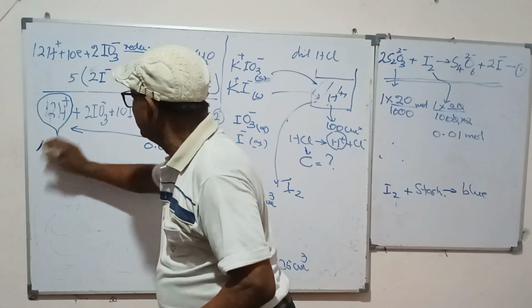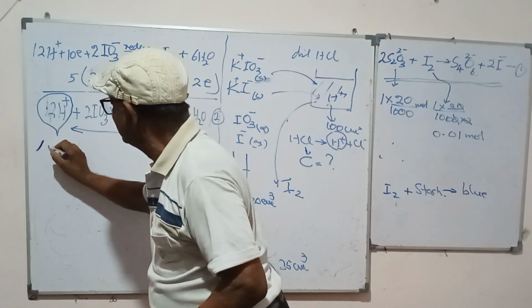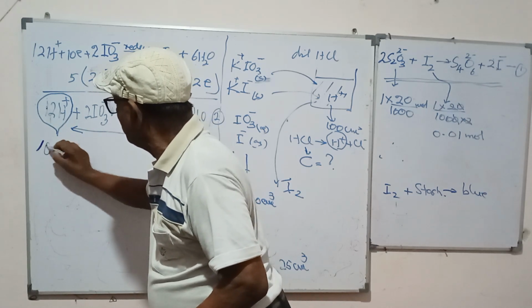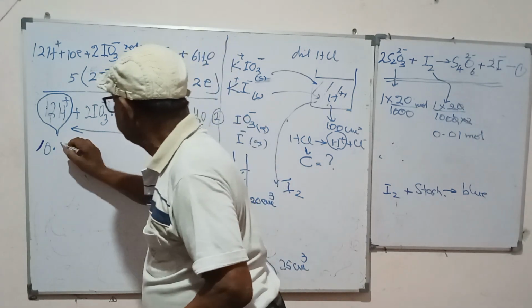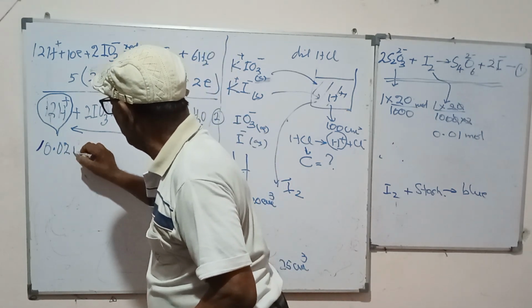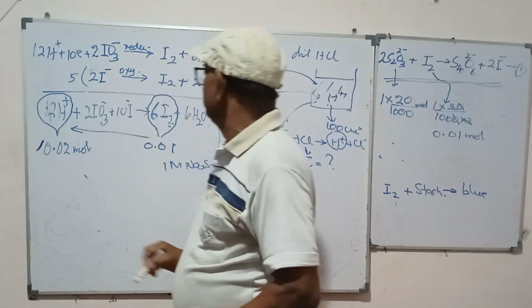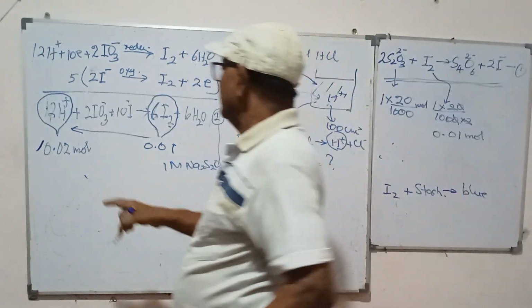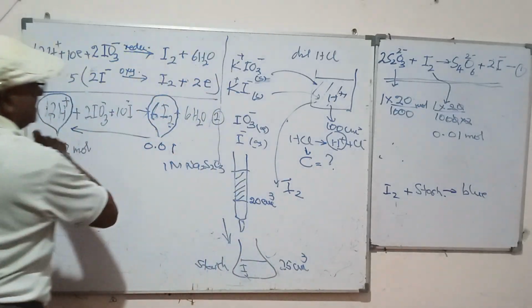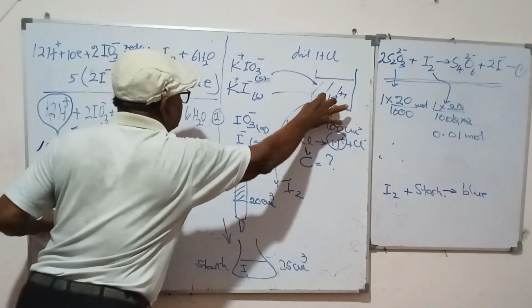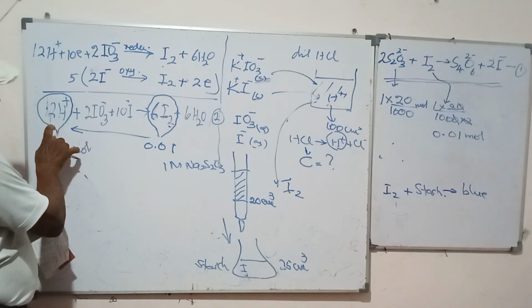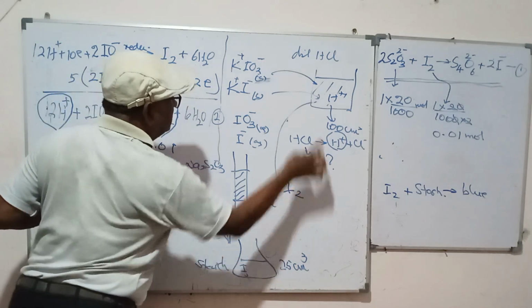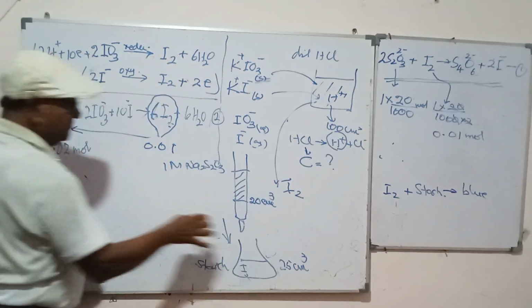Then the number of moles of H plus is 0.02 mole. Right? This is the number of moles of H plus formed in this solution. How much? 25 cubic centimeter. Not 100, 25 was taken.